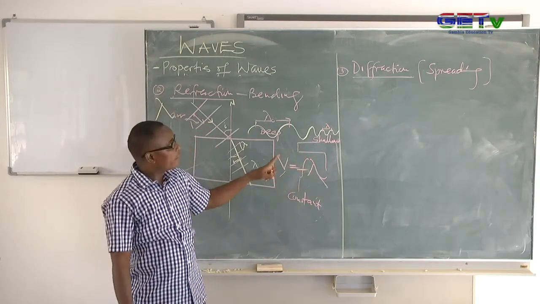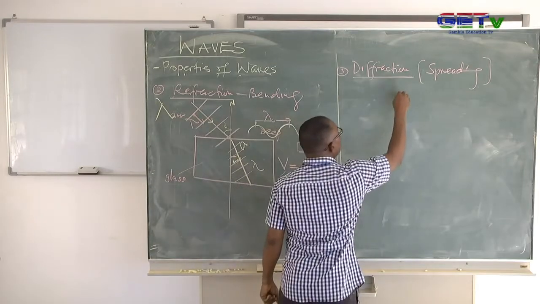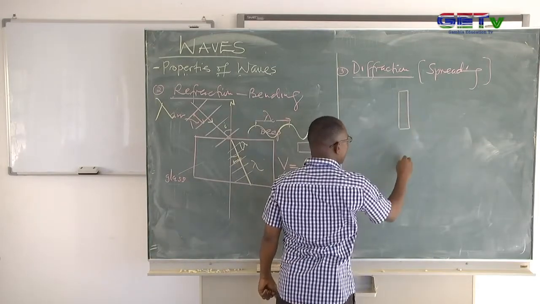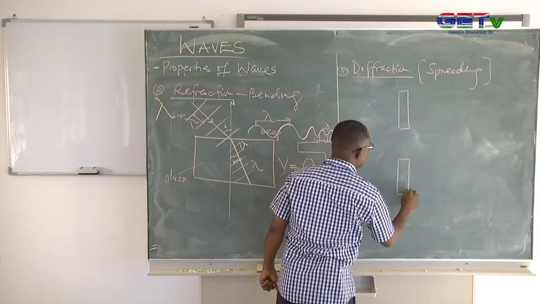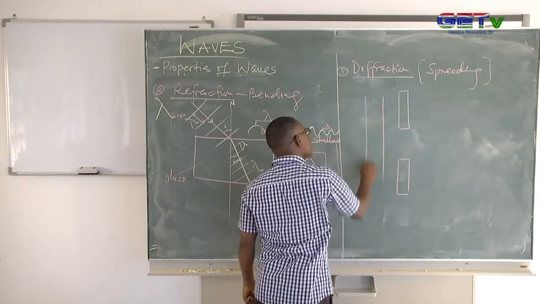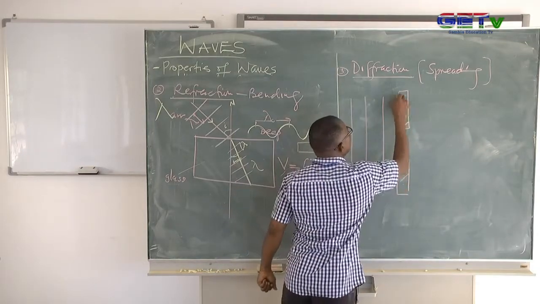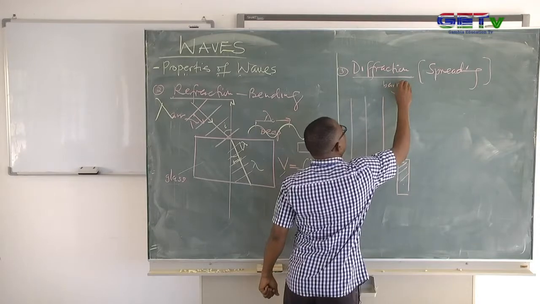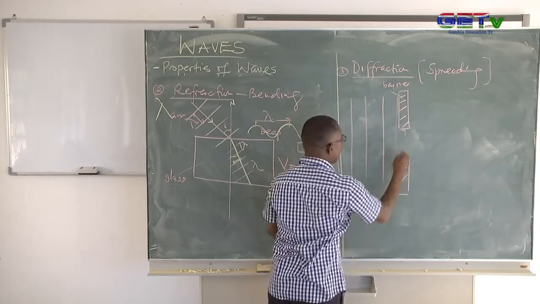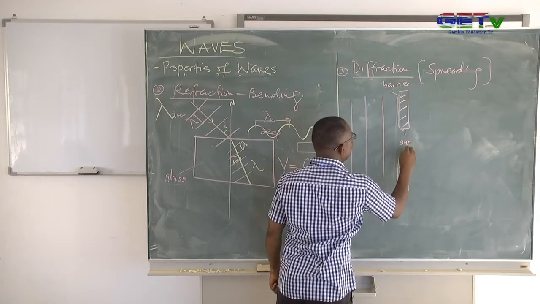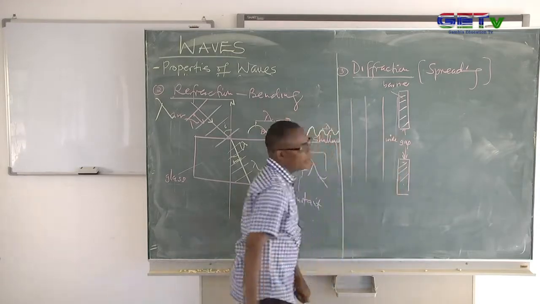Now, if the barrier has a wide gap, let me say this is a gap, this is the barrier, and it gives us a wide aperture, that is the gap. The gap or aperture is wide. What will happen?